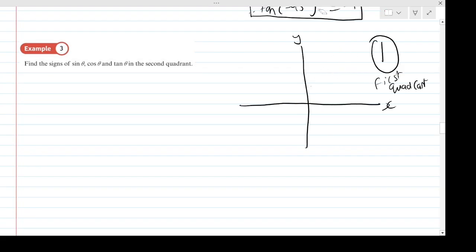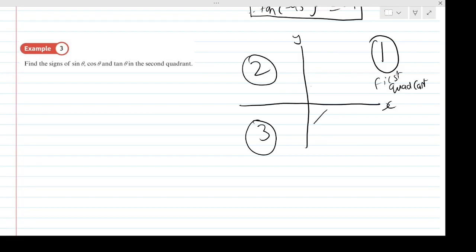And then we move 90 degrees. So we move to this one, which is what we call the second quadrant. Now, this is going to be when x is negative, but y is positive. And then we move to the next part, down here, which is quadrant 3. And this is where both x and y are negative, for any points in this space.